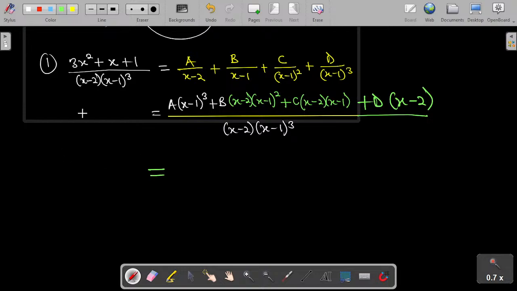So our job now, we can bring this down, and in doing that, we can cancel the equal denominators. So we'll just bring down the numerator.